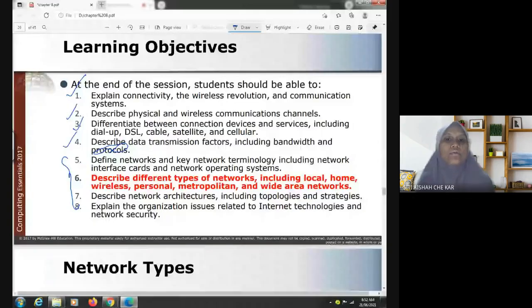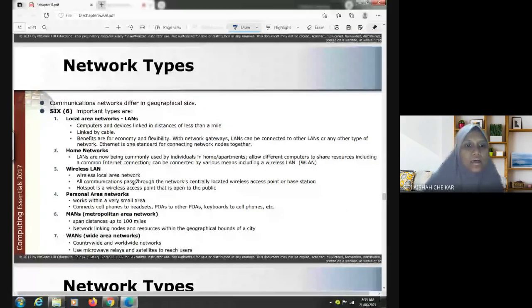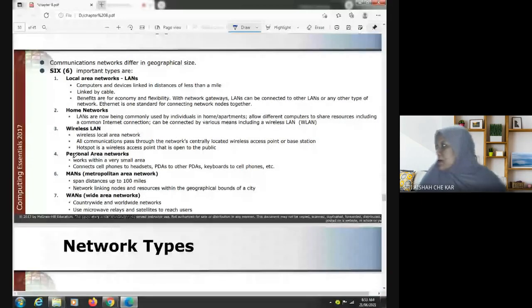We're going to look at the types of network that are available. Okay, so these are the network types that are available. We have LAN, WLAN, wireless LAN, personal area network, we have MAN, we have WAN.